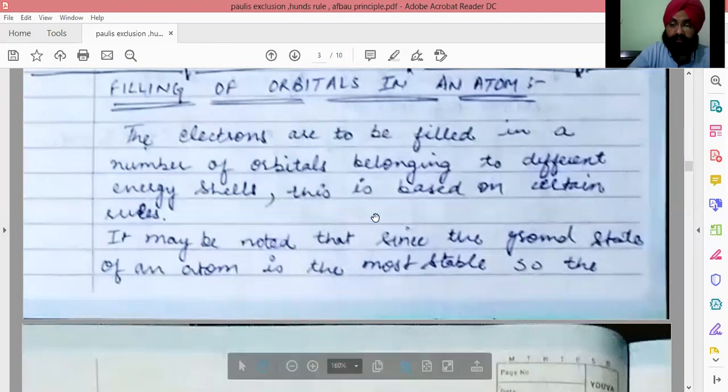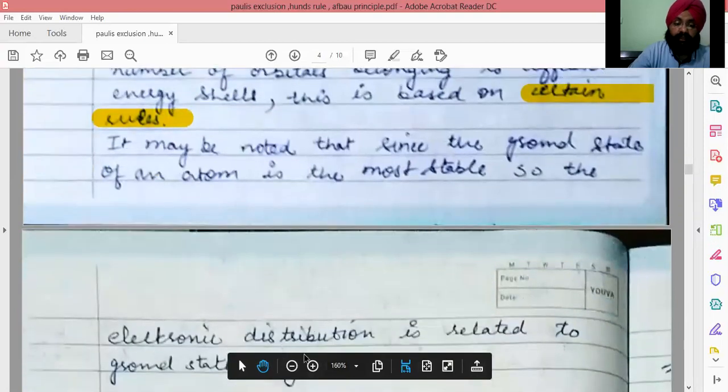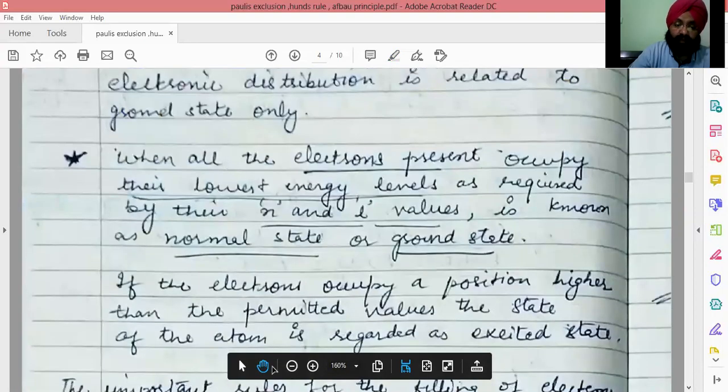And this distribution is based on certain rules. And this distribution is always done in the ground state. Now, what is the ground state? The ground state is the state in which the electrons are originally present at their lowest energy level.